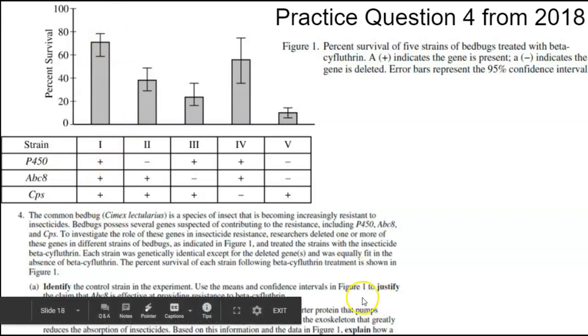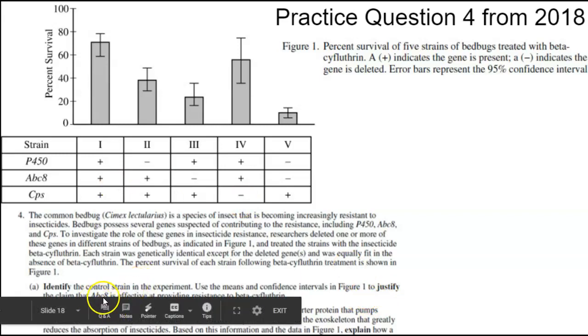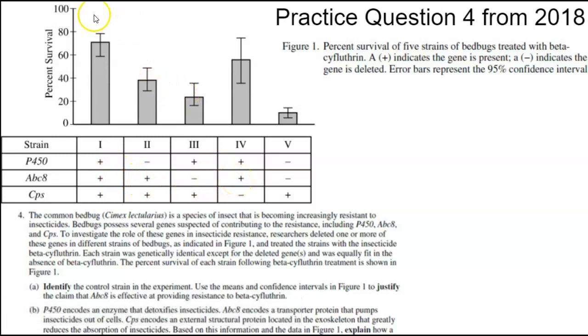Now, use the means and confidence intervals in figure 1 to justify the claim that APC8 is effective at providing resistance. When APC8 is active, you can see the means are much higher, whereas when it's inactive, the means are much lower.